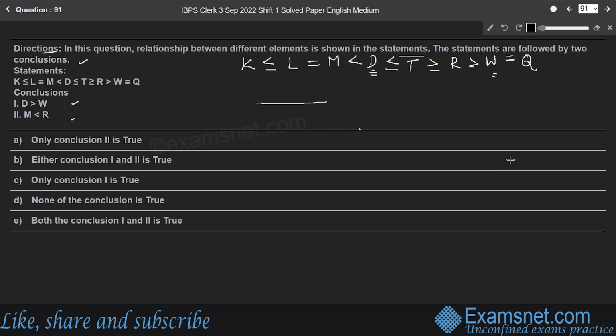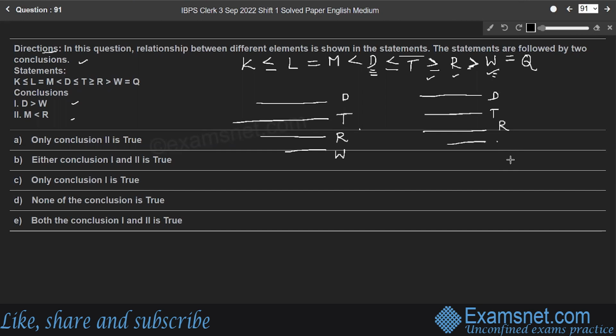So consider a line D. D is less than or equal to T. So in one case, D is less than T. In another case, D is equal to T, where T is greater than or equal to R. So in the first case, T is greater than R. In the second case, T is equal to R, where R is strictly greater than W.